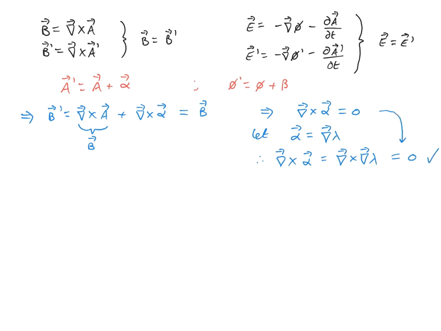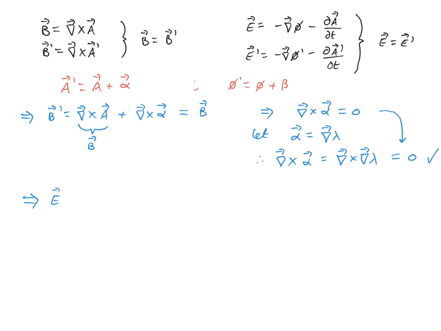So what we've achieved is we know that we can very generally add a vector field to our vector potential, and what we've learnt from this analysis is that the vector field we add must be equal to the gradient of a scalar field if the magnetic field is to be left unchanged by the transformation. Okay, so let's move on to the second equation for the electric field.